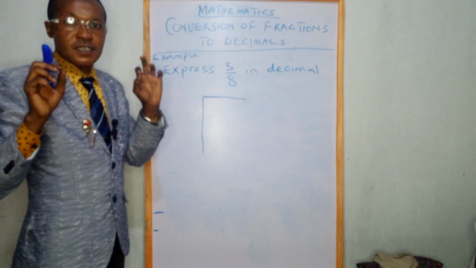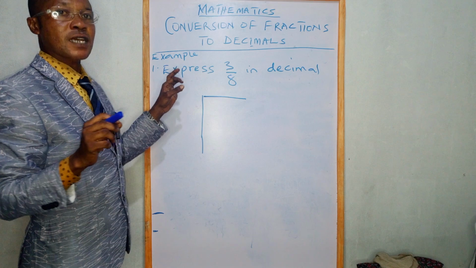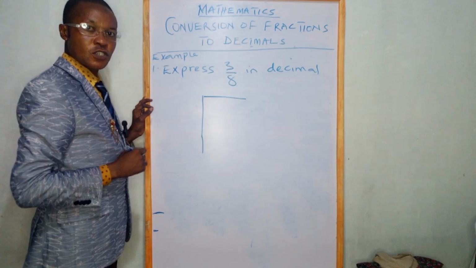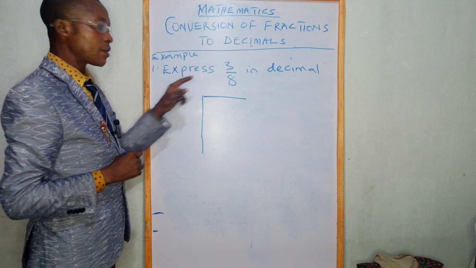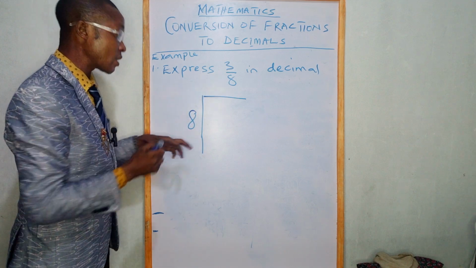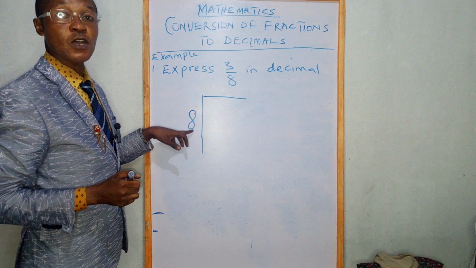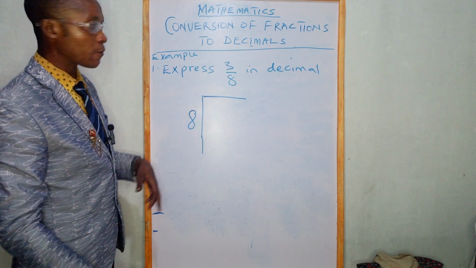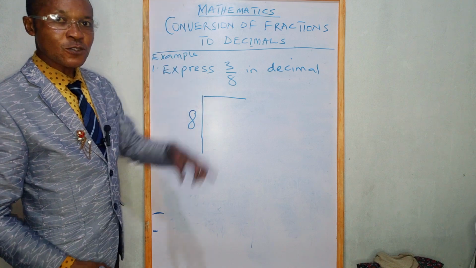So it is this logic that I normally use in teaching my students: the denominator, you call it the tenant. Come outside, because no matter what happens, he is the one that will be outside. That is why you see them occupying the first floor while the landlord occupies the topmost floor.